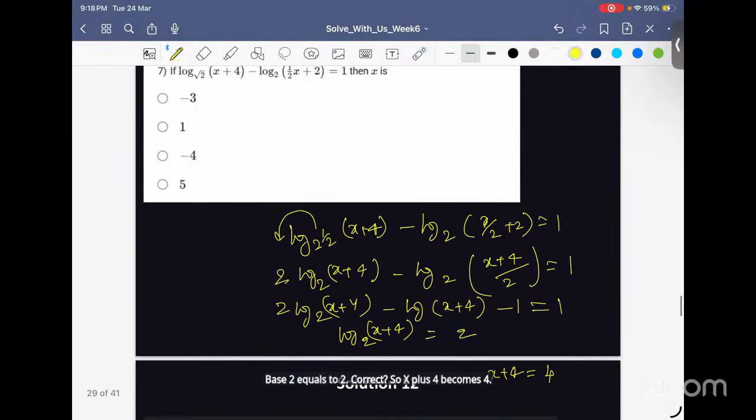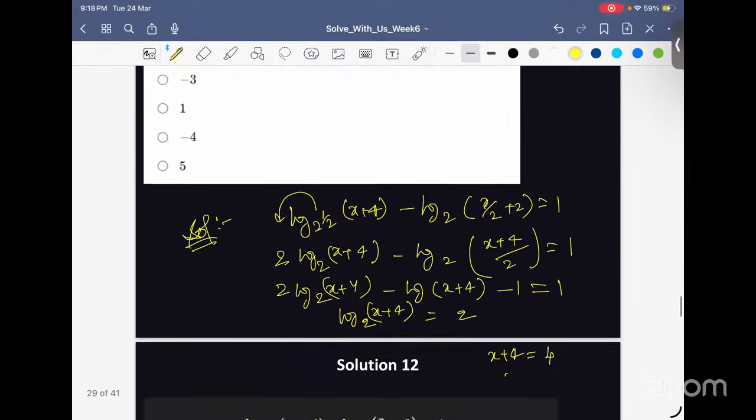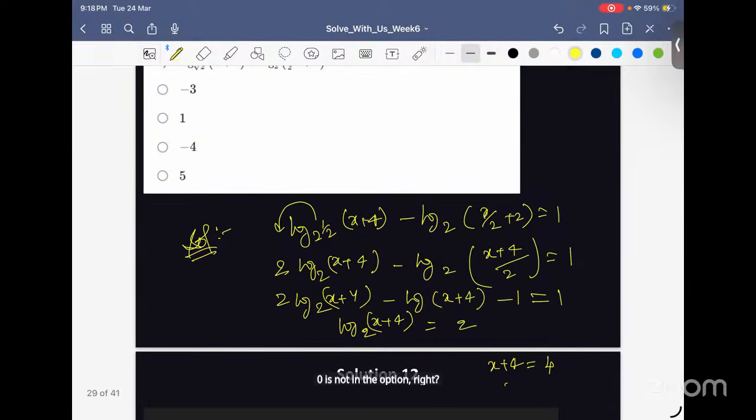Then x should be 0. But 0 is not in the option, right? Okay. Any error that we are doing? Any mistake? So this we have done it correctly.